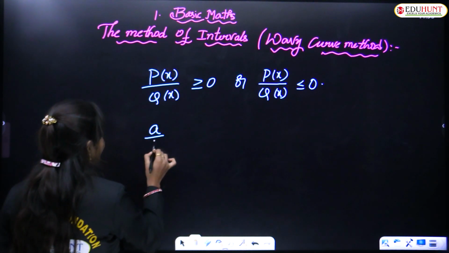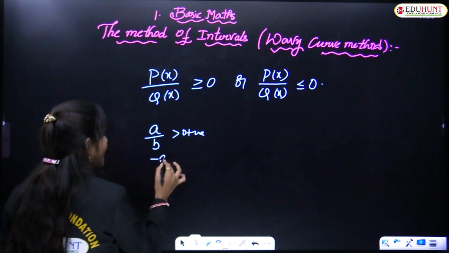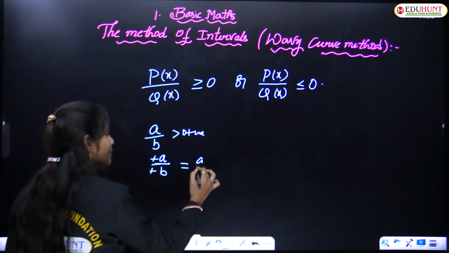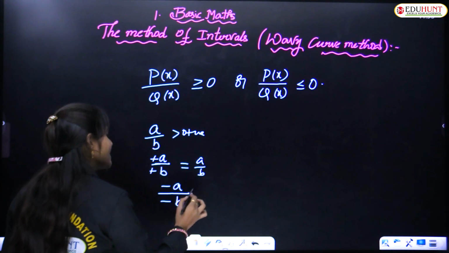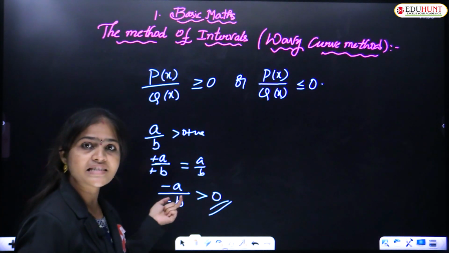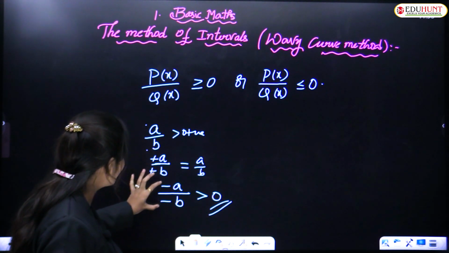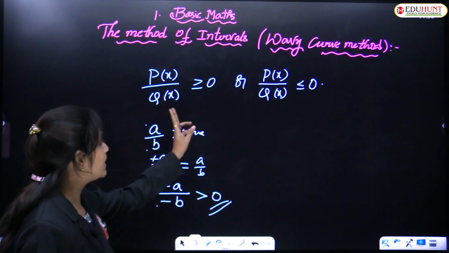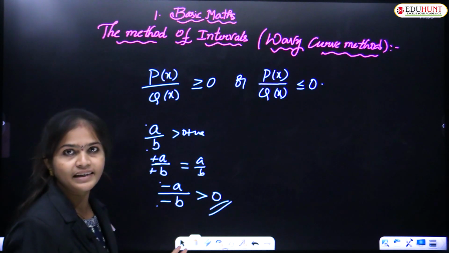Because a by b is positive, greater than 0, and minus a by minus b again gives a by b only, no? So minus a by minus b is also greater than 0. The quotient of two positive values and the quotient of two negative values is always positive. That's why there are two conditions: either both positive or both negative.